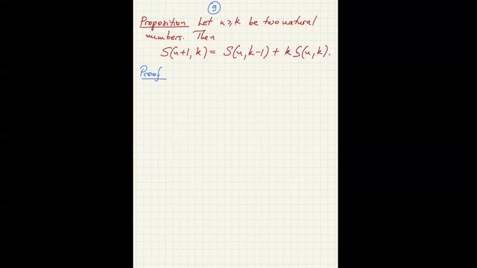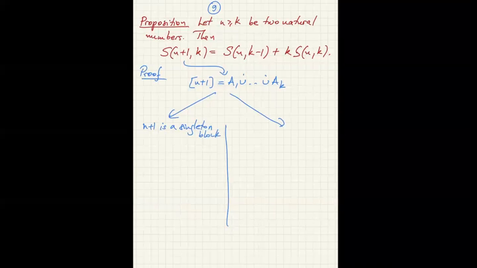Well, as before, S(N+1,K) counts the number of partitions of N+1 into K blocks. And now we split these partitions into two kinds. In the first type of partition, we put the ones where N+1 is a singleton block.